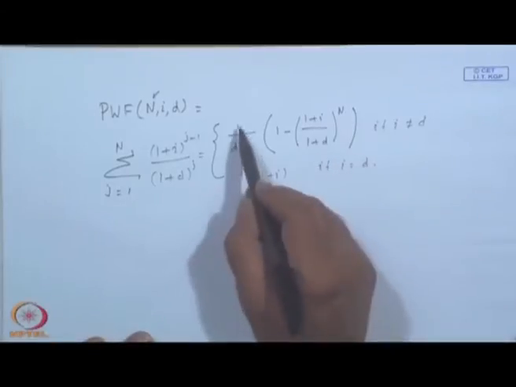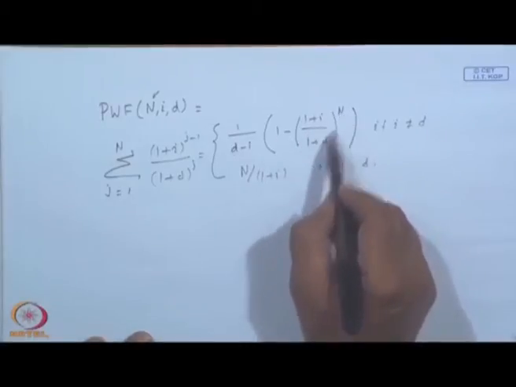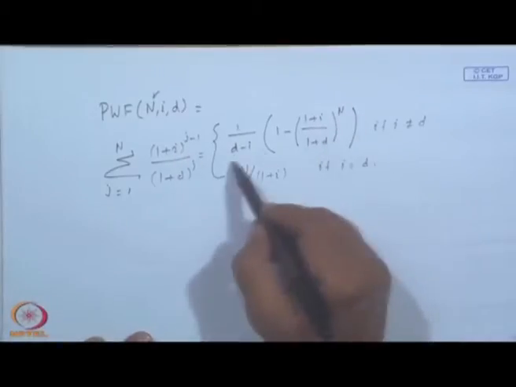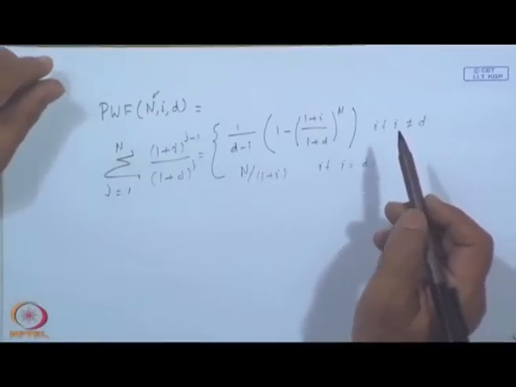Okay. So, 1 by d minus I into 1 minus 1 plus I by 1 plus d to the power n, that is the same thing which we have written in terms of n, and this is summed up over this period.